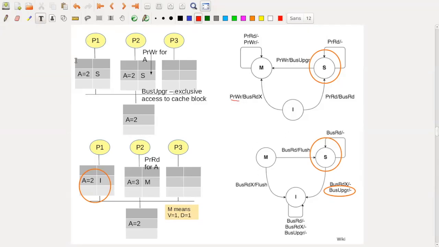Currently, this diagram is for the other core, which is seeing the bus request. Now the bus request that is coming in here is called a bus upgrade. Now this bus upgrade signal means that this processor needs exclusive access to this cache block.